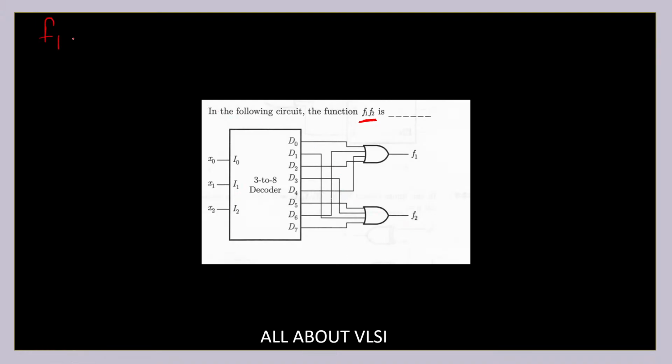So f1 is basically connected to d0. Here you can see d0, and it is also connected to d6. So it is 0, 6, and it is connected to 4, 0, 6, 4, and what else is it connected to? 2.